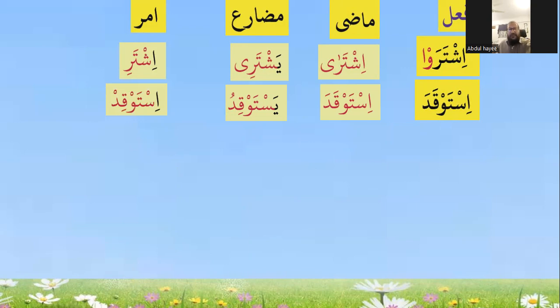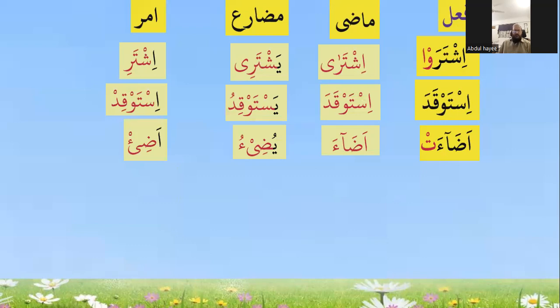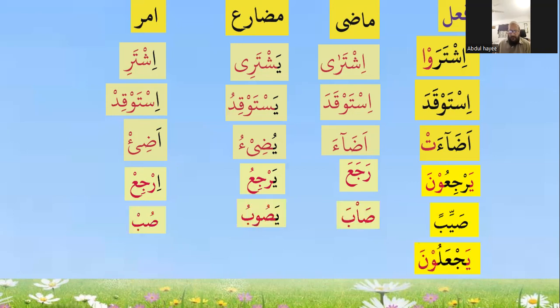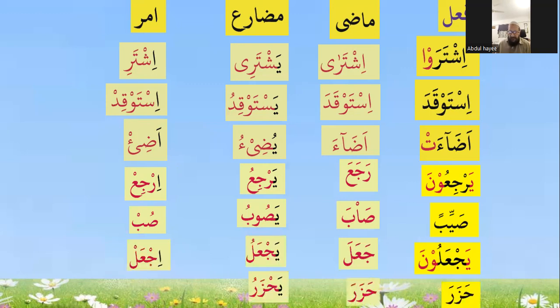Istawqada, Yastawqidu, Istawqid. Ata, Ada, Yudiyu, Adi. Yarjuna, Raja, Yarju, Irj. Saba, Yusibu, Sub. Ja'ala, Yaj'alu, Ij'al. We have done so many examples. Hazara, Yahzaru, Ihzar.